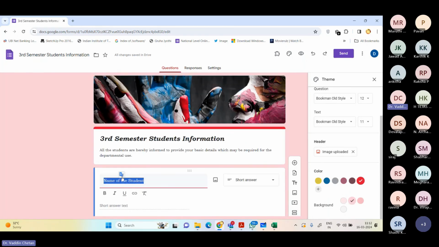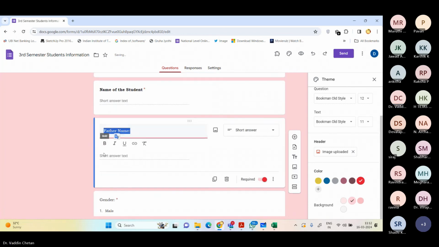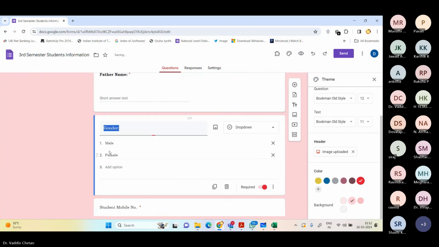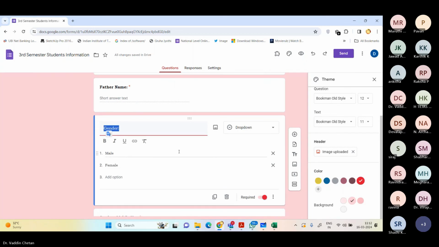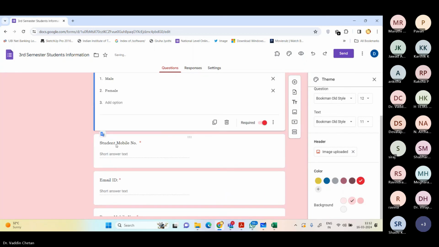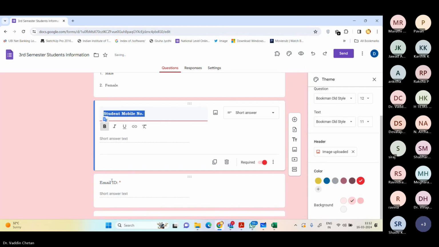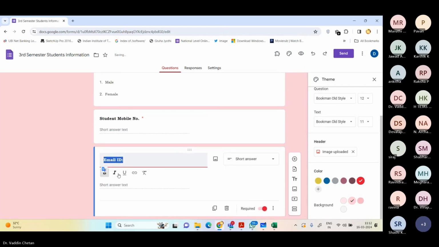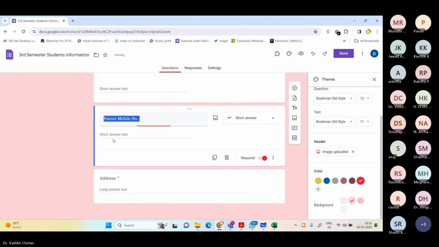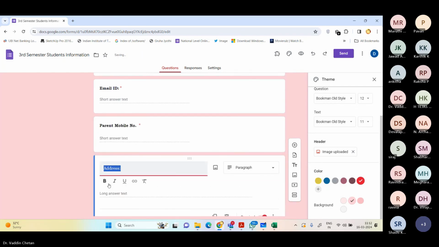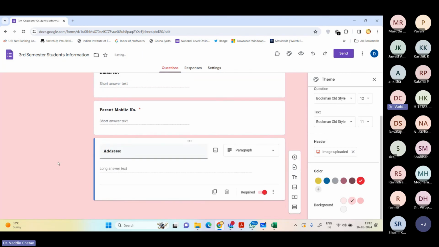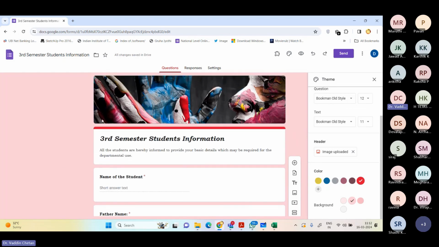And name of the student, I can make it bold, right? So this is a form which I have created.